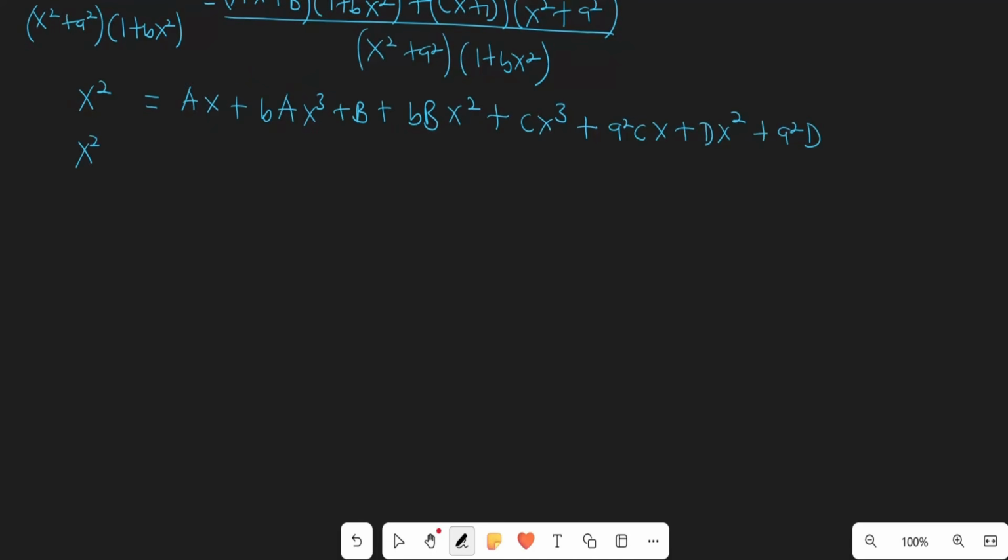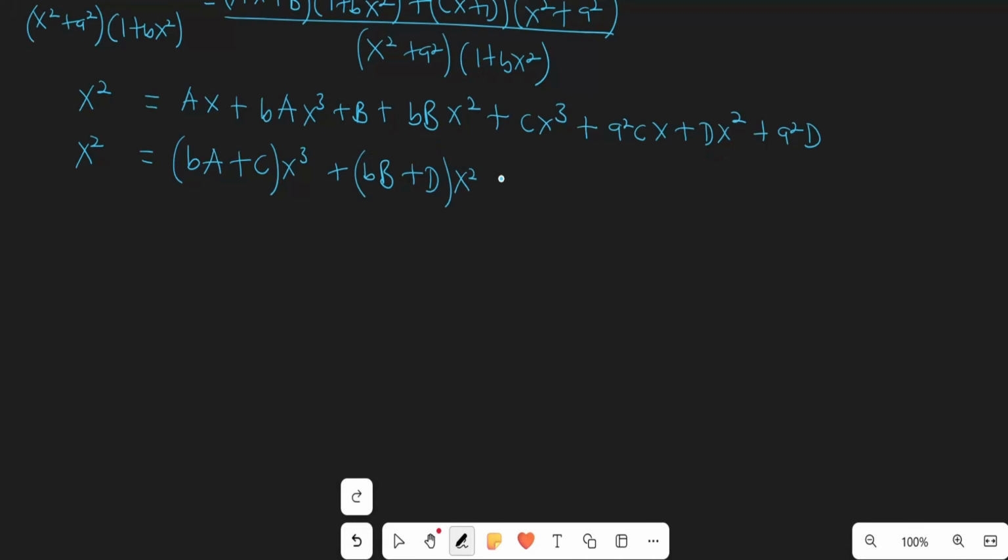Now let's gather like terms and do comparison. You have bA plus C. All these are the coefficient of x to the third. Next are the x squared terms, that is bB plus D, this and this.